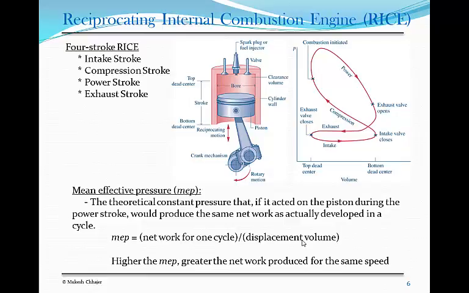So the change in volume would be the volume when the piston is at the bottom dead center minus the volume when the piston is at the top dead center. This difference in volume is the displacement volume. And so this mean effective pressure basically gives us an average pressure for this entire cycle. And the higher the mean effective pressure, MEP, the greater the net work produced for the same speed.